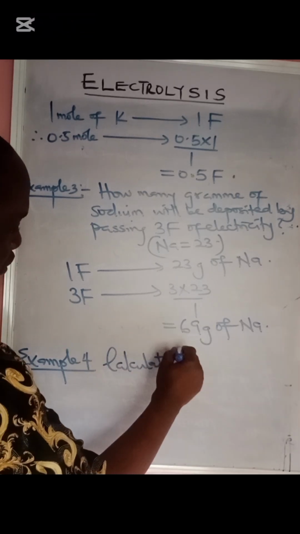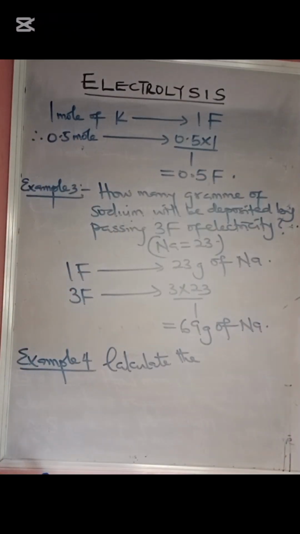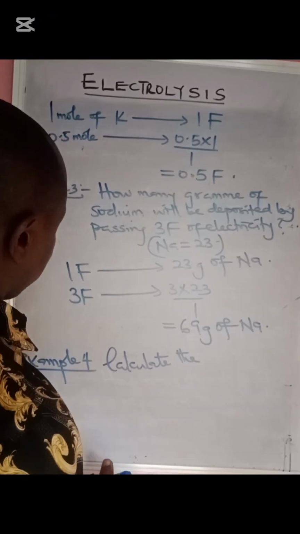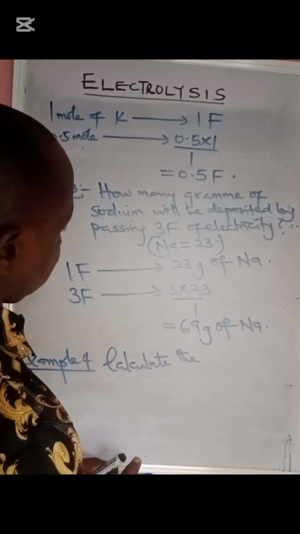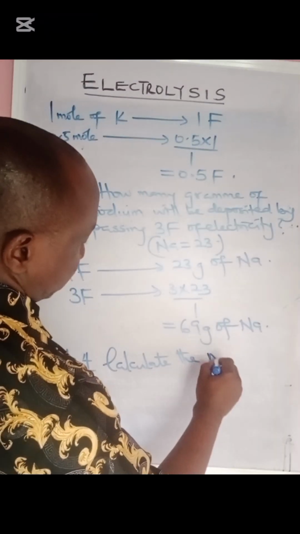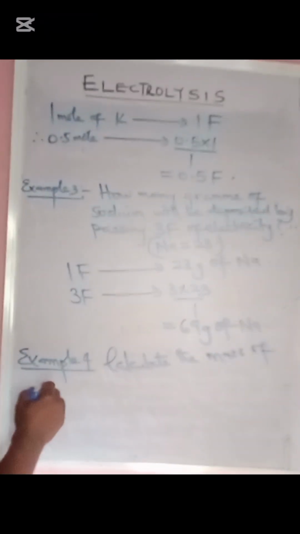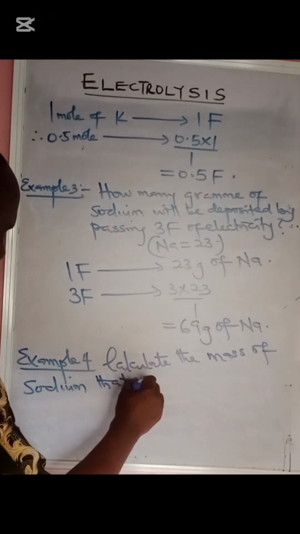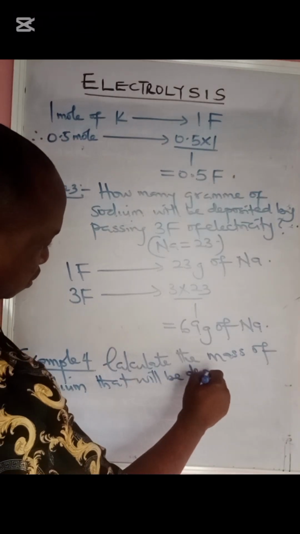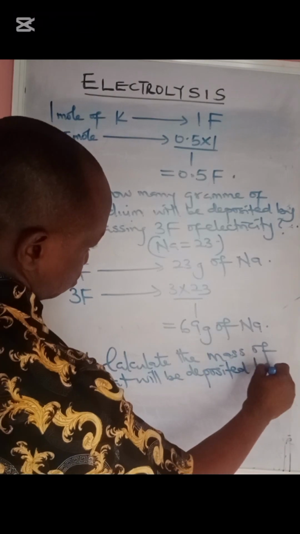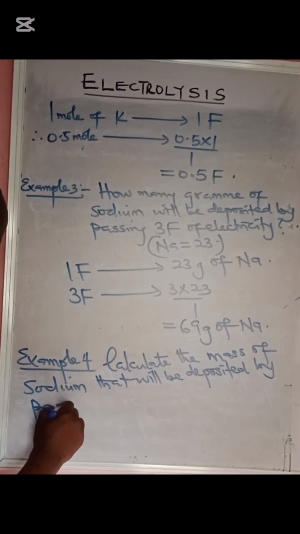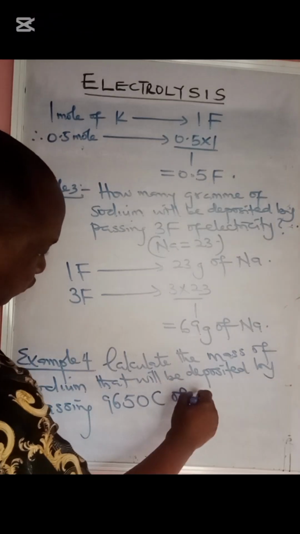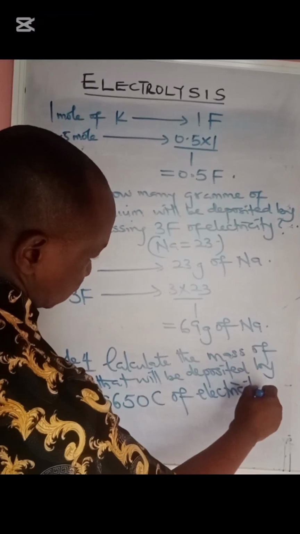So example 4: calculate the mass of sodium that will be deposited by passing 9,650 coulomb of electricity.